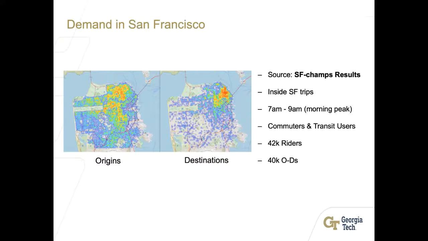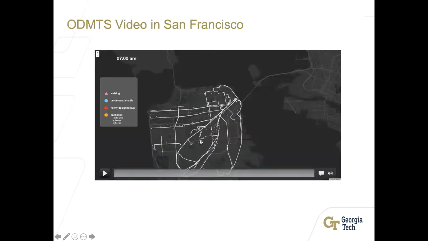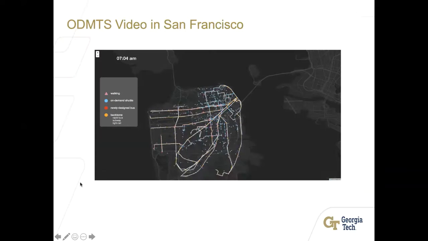Here is a brief visualization for an ODMTS. The white lanes represent the backbone trains and backbone buses, and you see there are a few additional lanes that are newly designed by the optimization model. When I start to play the video, you can see many blue dots moving inside the city.